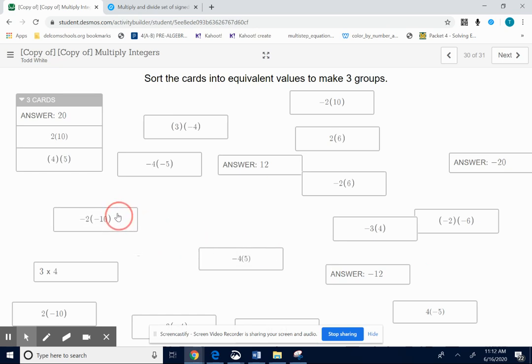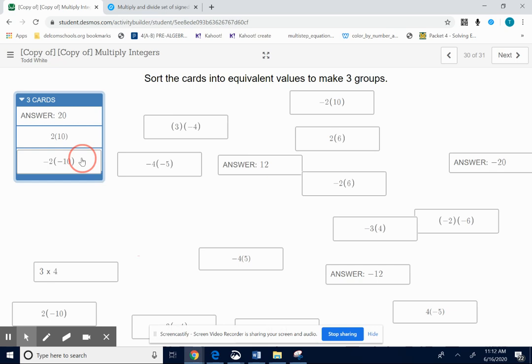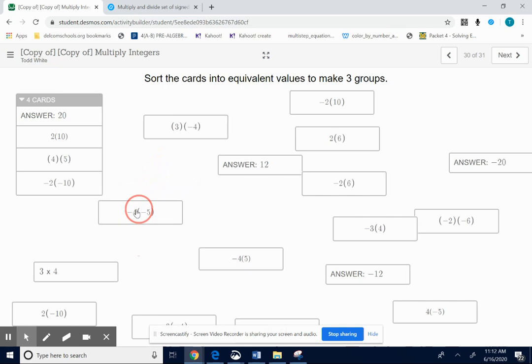A negative times a negative is also a positive. See how it turns blue? Let go. And we also should have a -4 times a -5 somewhere right there. Press down with the left finger, right finger, drag. Turns blue. Okay, see how they're all together.